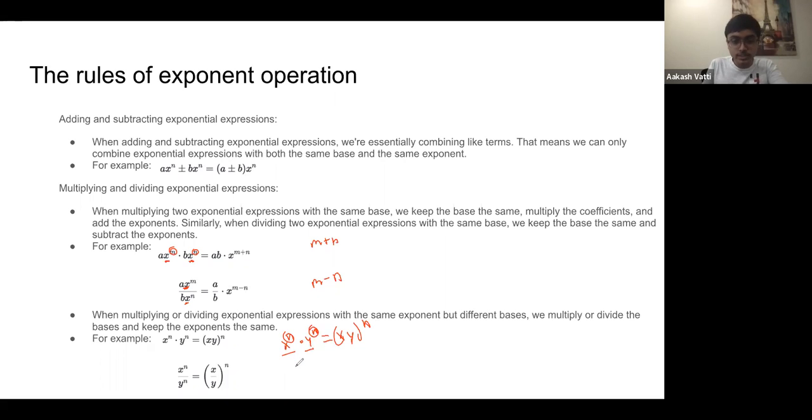Therefore, we can put these two together and put the n on the outside, as the exponent of the whole expression. It's the same for division. When you have x over y and both have the same exponent, you can take the exponent out and put it outside of everything. So you only need one of these. That turns into that.